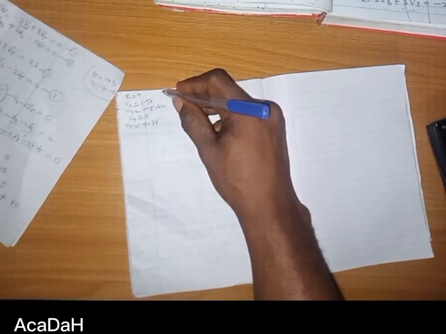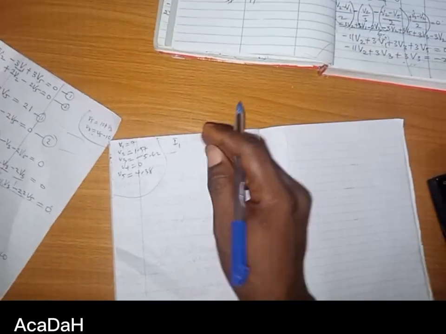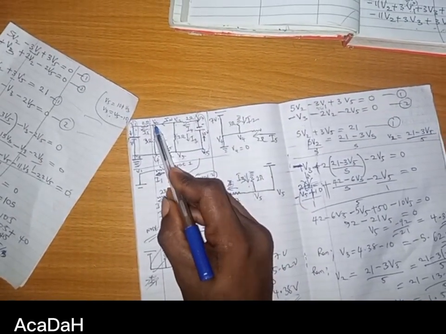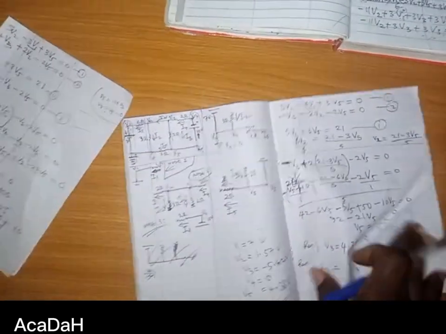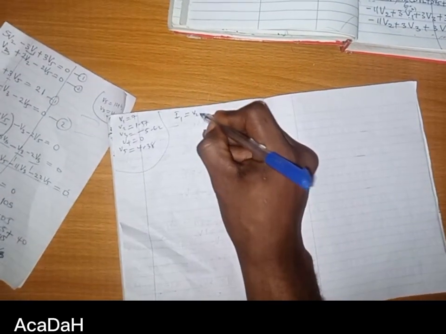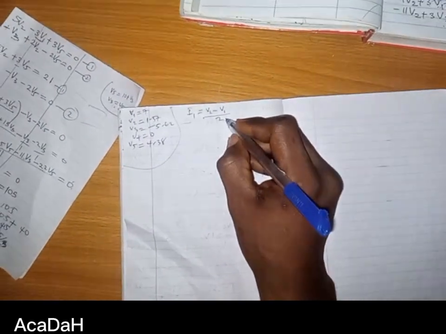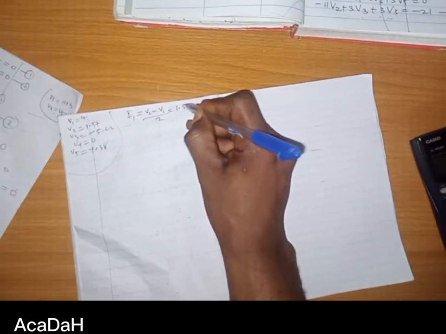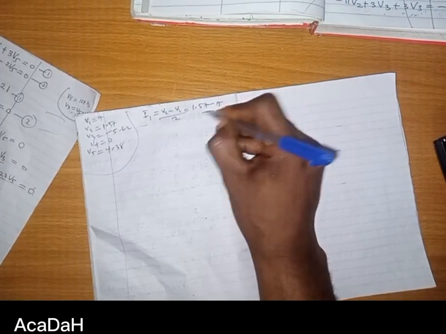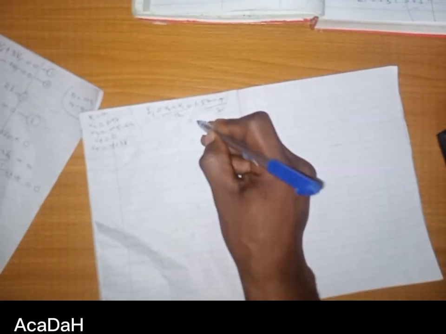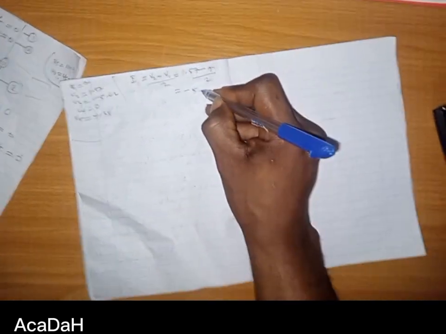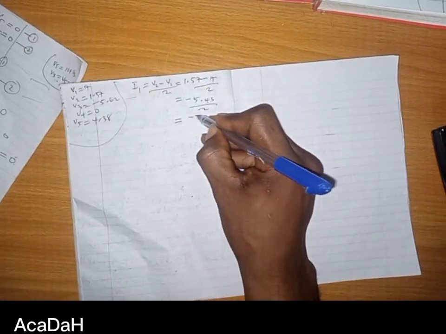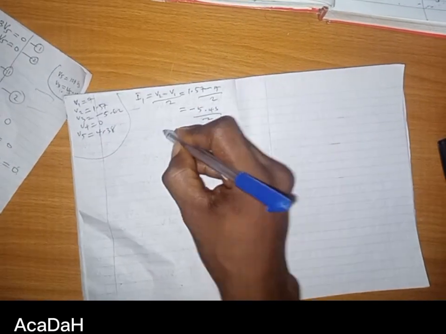Now we need to remember that I1 is in between v2 and v1, so it is v2 minus v1 all over 2. That is 1.57 minus 7 all over 2, which is minus 5.43 all over 2, equal to minus 2.72 amperes for I1.